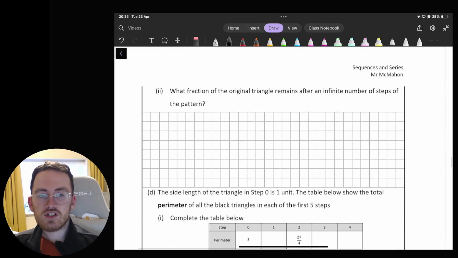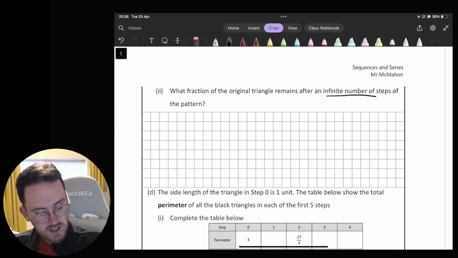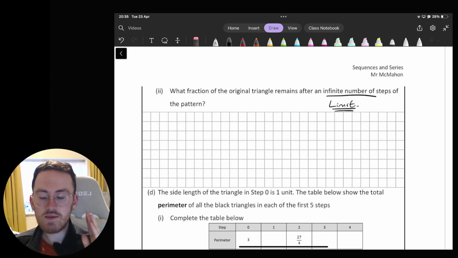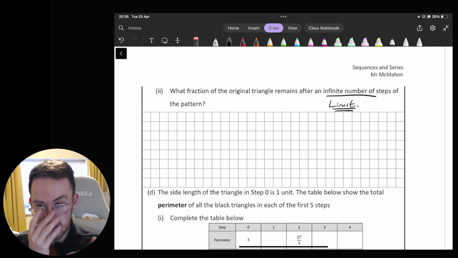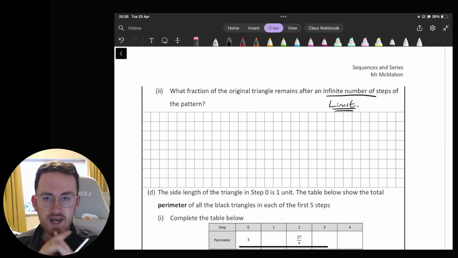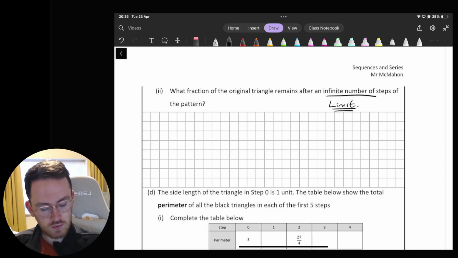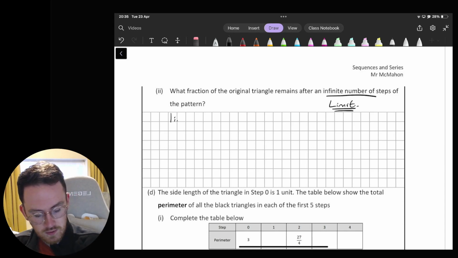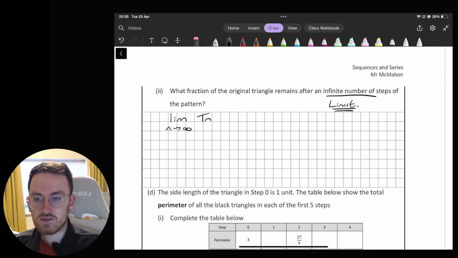What fraction of the original triangle remains after an infinite number of steps in the pattern? An infinite number of steps in the pattern is immediately screaming out to me limit. So if I continue my sequence forever, how much of that triangle will be remaining? So we're really taking a limit here for Tn from the previous part.